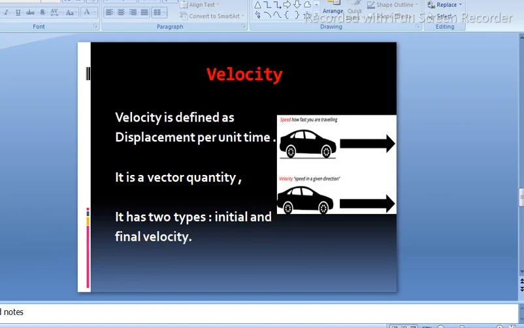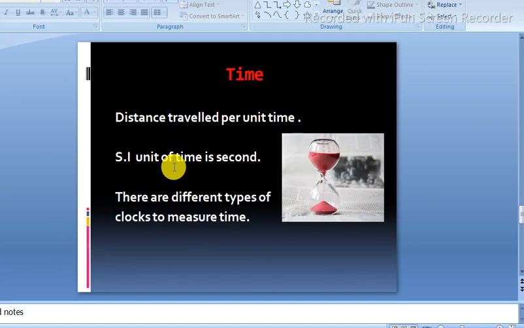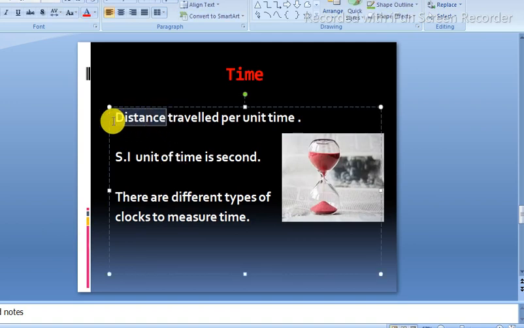Now, coming to the next part, that is time. Time, you all know, that it is not written correct. Wait a second, I have to correct this thing.